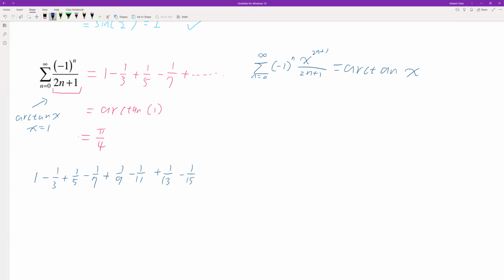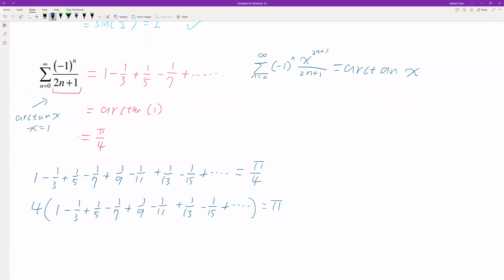So hopefully you can see the pattern here. It's actually not too bad. And the infinite sum is equal to pi over 4. That means when we multiply 4 to the left-hand side, that is equal to pi. Multiplying 4 to the whole thing on the left-hand side gives an approximation of pi.